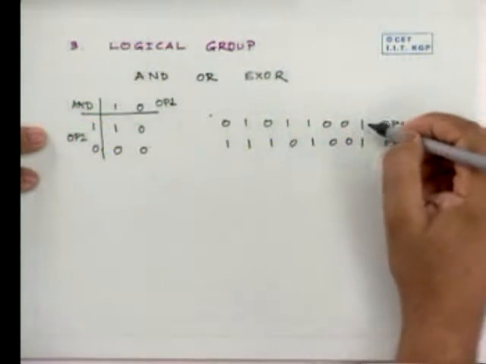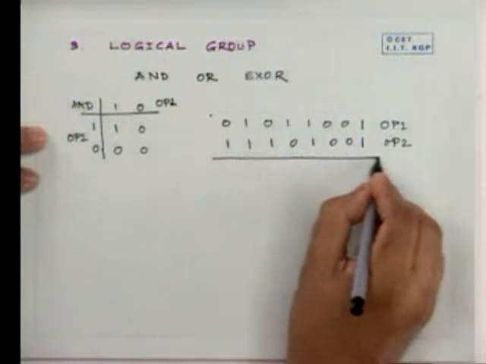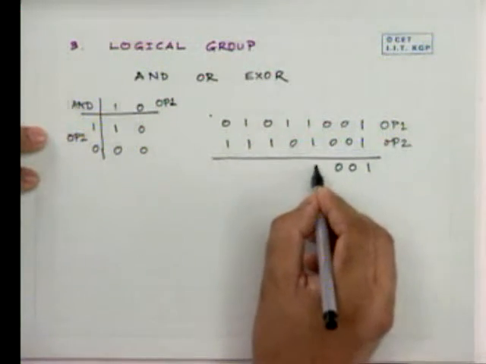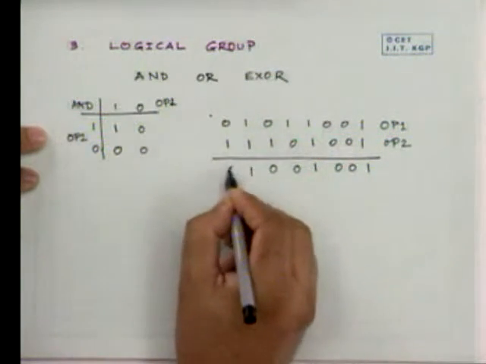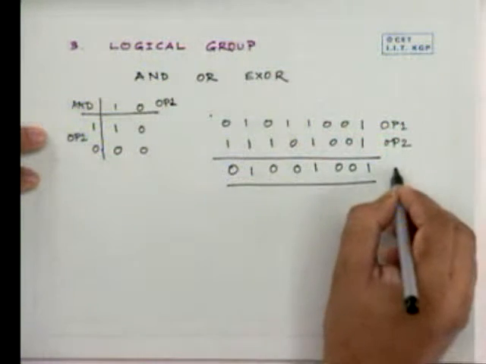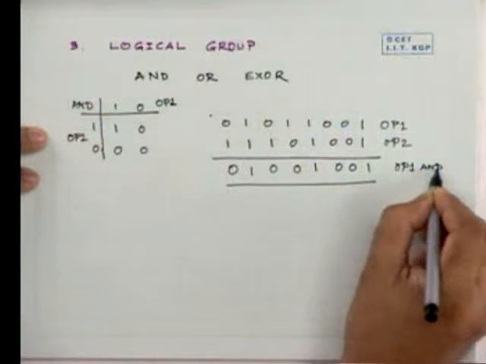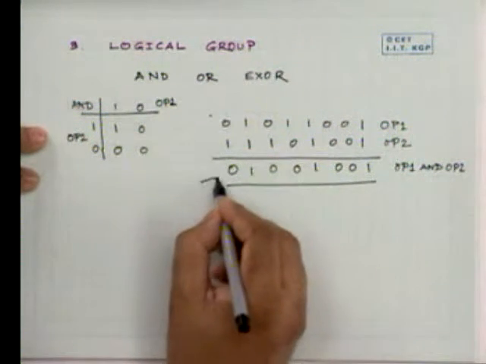Then the AND operation will be performed bit by bit, which means the result will be 1 here, 0, 0, 1 here, 0, 0, 1 and 0. That will be the operation of op 1 and op 2.